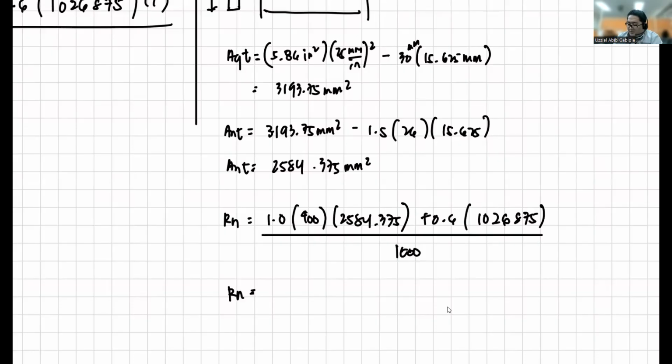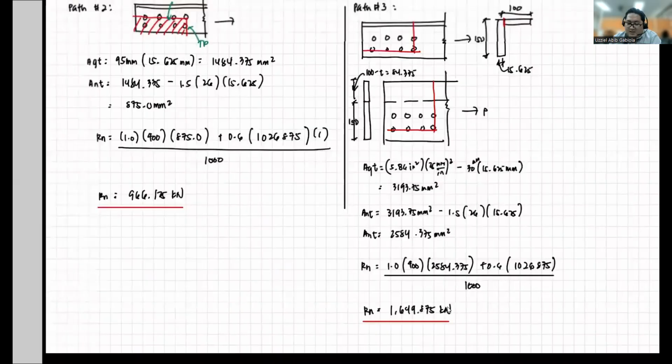Okay, so 400 times yung answer natin kanina plus 0.6, 1,26,875 divide 1,000, we have 1,649.875 kilonewton. So, ito yung capacity natin, nominal resistance, pagdating doon sa path 3 natin.